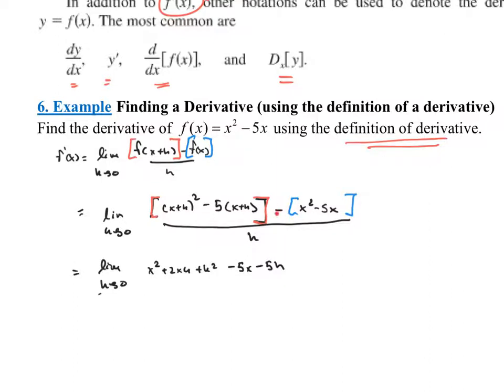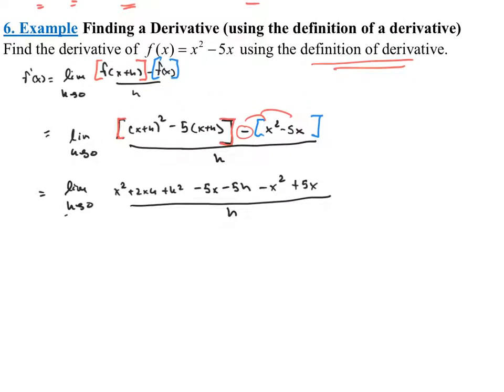I need to look at the next part. I have that negative sign. So I'm going to distribute that negative to the x squared and that negative to that 5x. Let me go ahead and show that real quick. Distributing the negative to both of those terms. So that would be a negative x squared, and then subtracting a negative 5x would actually be adding 5x. All of this is over h.